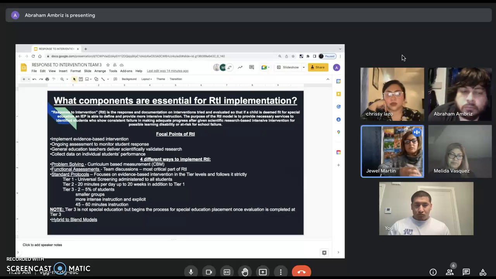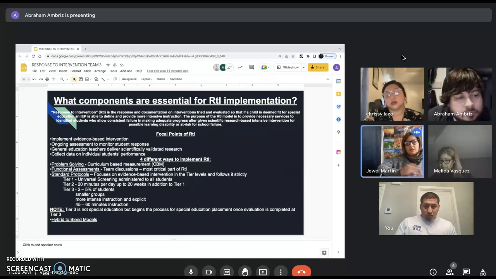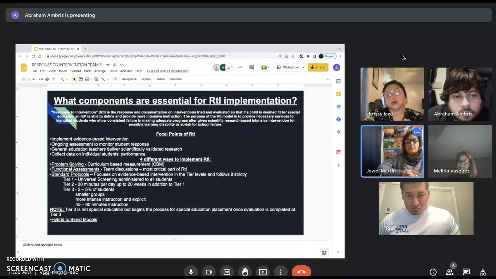Okay, so basically reiterating what has been previously said, however, seeing how IDEA, the reauthorization, fits in with response to intervention. In 2004, the reauthorization of IDEA discontinued the use of the intellectual quotient, the IQ exam, and achievement discrepancy formulas as the only tool for identifying students with learning disabilities.